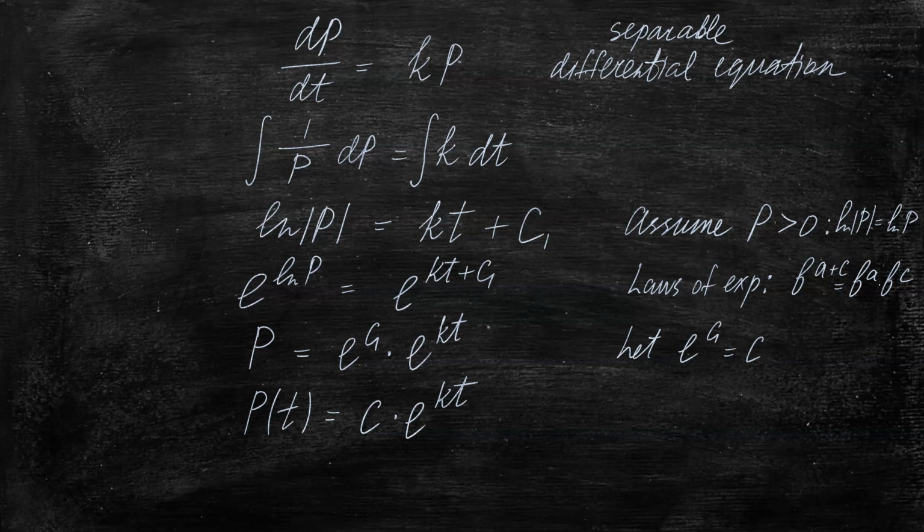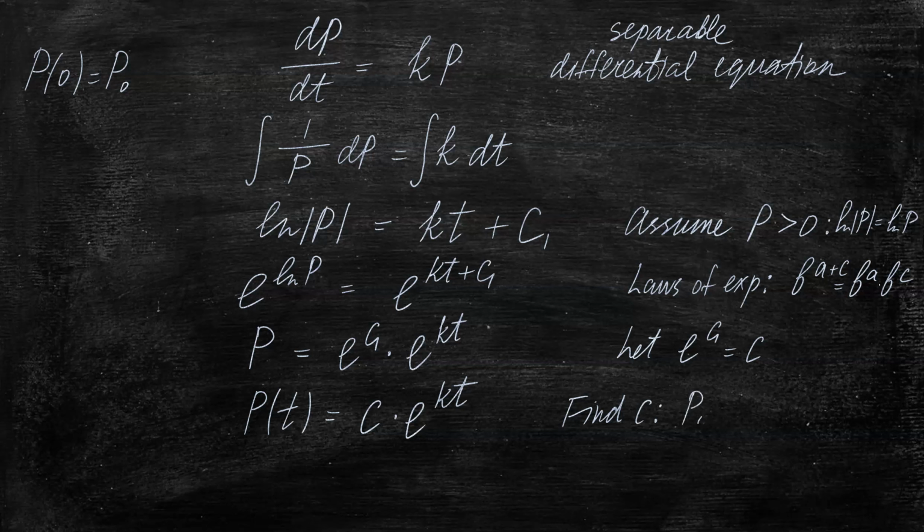And we can make this an initial value problem by adding an initial condition. So for example, if p of 0 is expressed as p0, then we can use this and find c. So to find c, we're going to plug in 0.